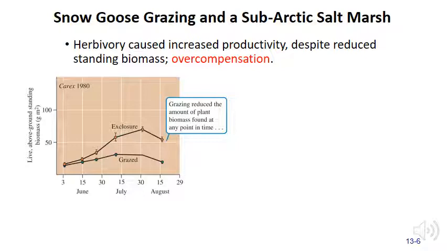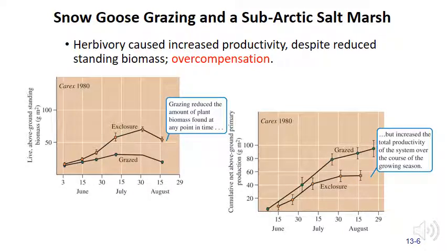You can see from this graph, this compares the live above ground standing biomass in the exclosures compared to in the grazed land surrounding the exclosures. And you can see increased biomass in those exclosures compared to outside. That's exactly what you would expect, but actually what they found is if they summed the cumulative above ground productivity in those exclosures and compared it to the productivity outside of the exclosures, productivity was actually higher outside of the exclosures.